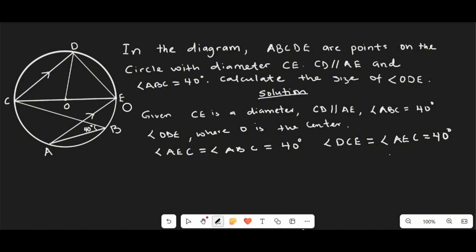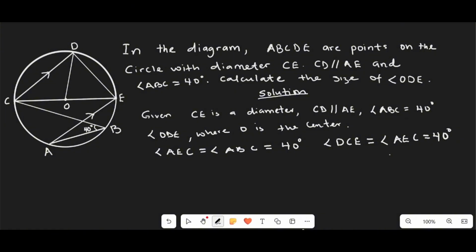Now, I want you to note that angle DOE, which is the angle at the center, and angle DCE, which is the angle at the circumference, both are standing on arc DE, and the angle at the center is twice any angle at the circumference standing on the same arc.